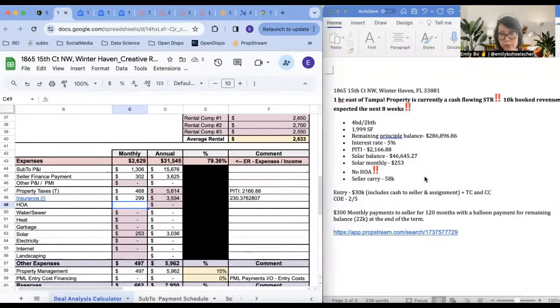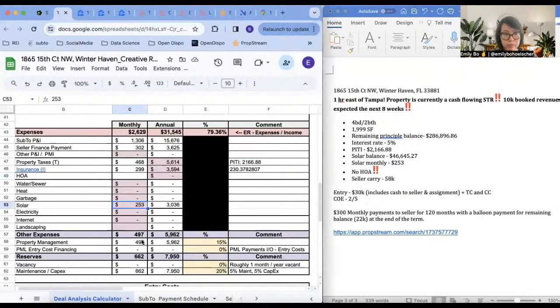Okay. Then we know that there's a solar monthly payment. I just put 253. And if you rent it out as a short-term rental, you will have to pay for the water. I put 100. Heat, I'll probably also put 100. Garbage, where I live, I know it's about $20.